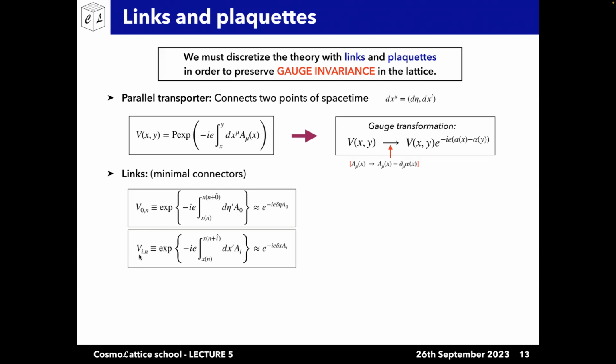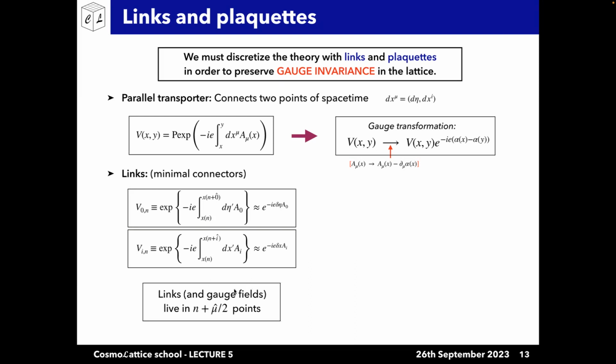Then we have Bi, which is the same, but is the minimal connector between the point in which you are and the point in which you are plus dx. B0 includes the A0 gauge component, and Bi includes the Ai component. This is an integral, but it can be approximated by the exponential function of A0 and the exponential function of Ai.